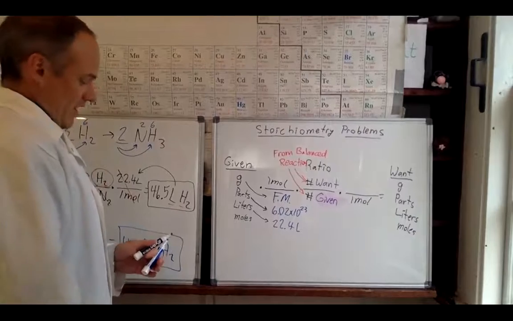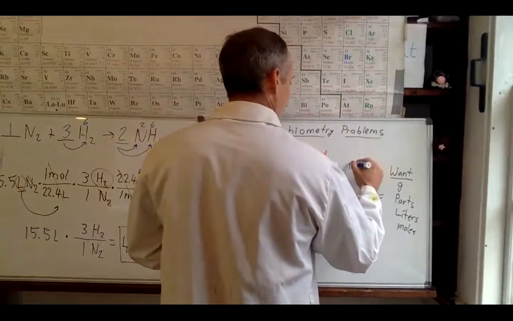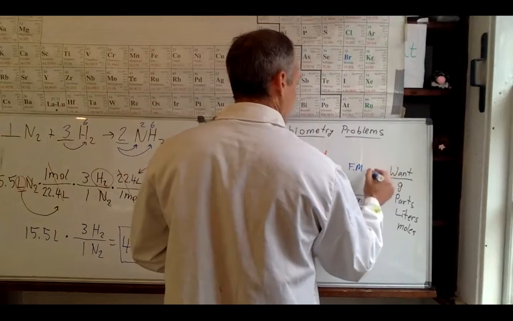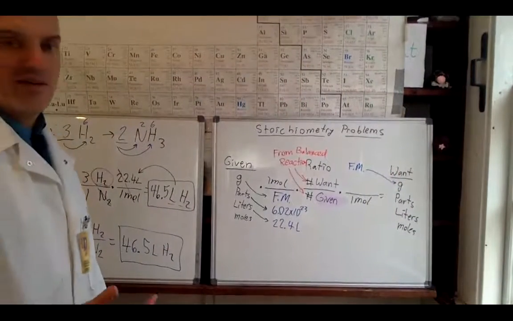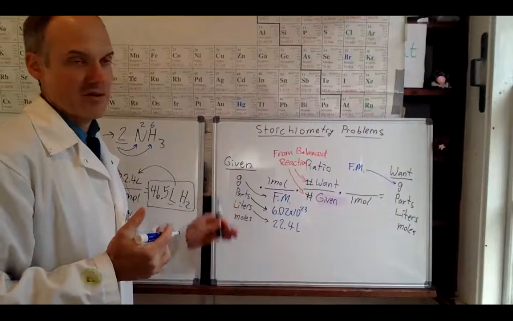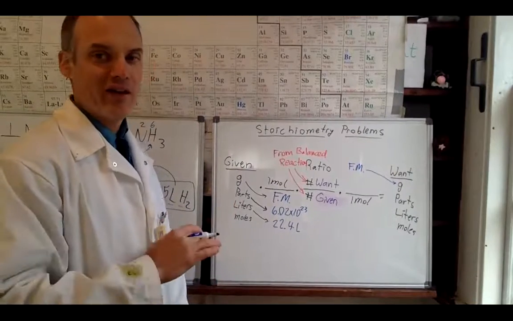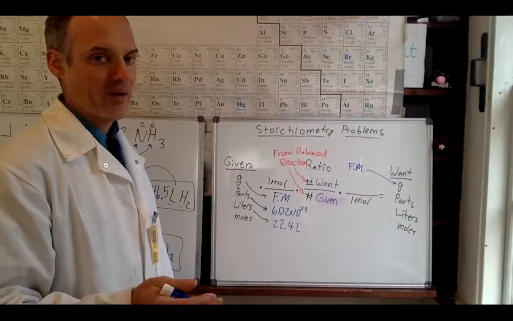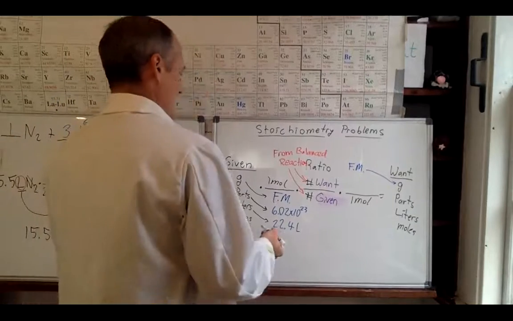So how do you set that up? Well, if you want grams for your answer, this is gonna be the formula mass, but it's the formula mass of what you want, not what you were given, okay? That's why it doesn't cancel out. Like mass to mass, the first and last steps don't cancel out because they're actually different formula masses.